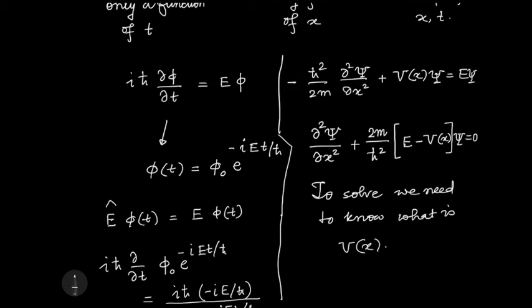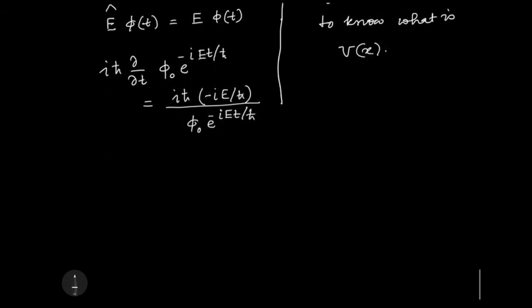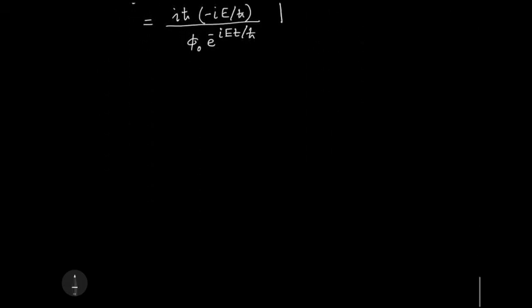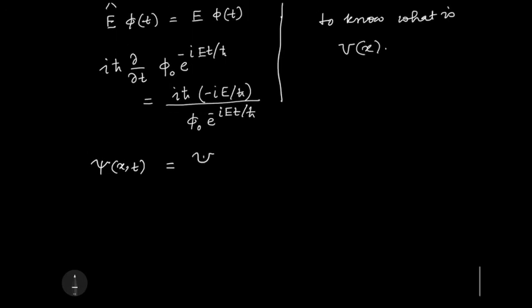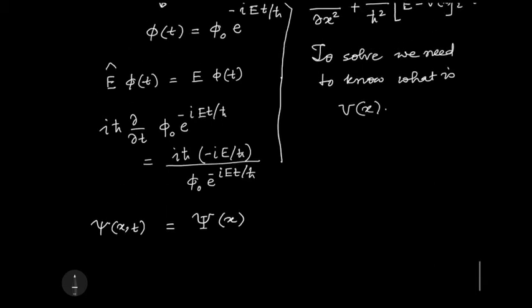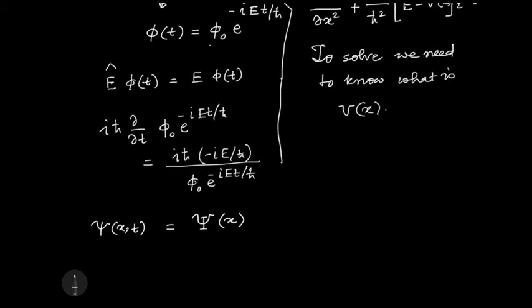Now let us write down this thing completely. So this psi x t for the stationary states is then given by this psi as a function of x. Remember that when we wrote down this constant phi 0 here, it essentially means constant, it doesn't depend on t.